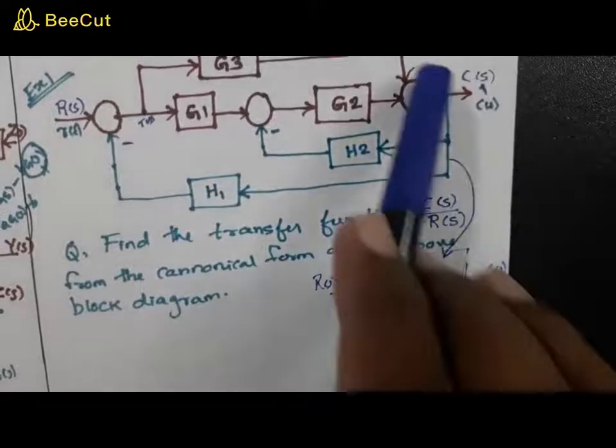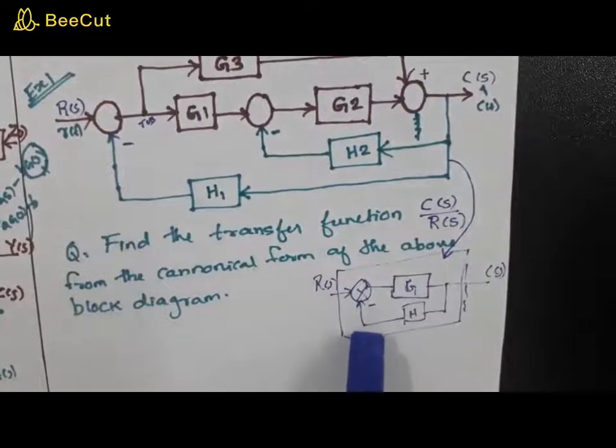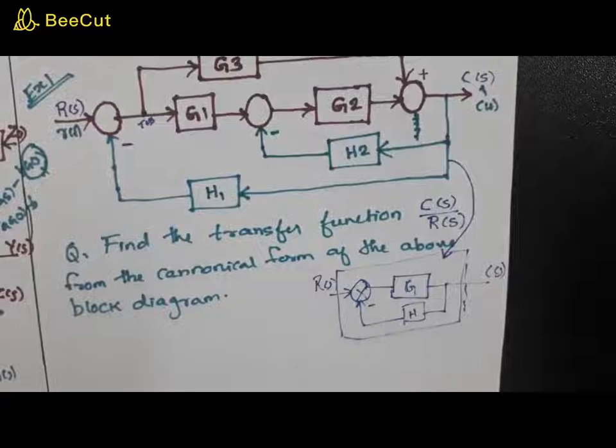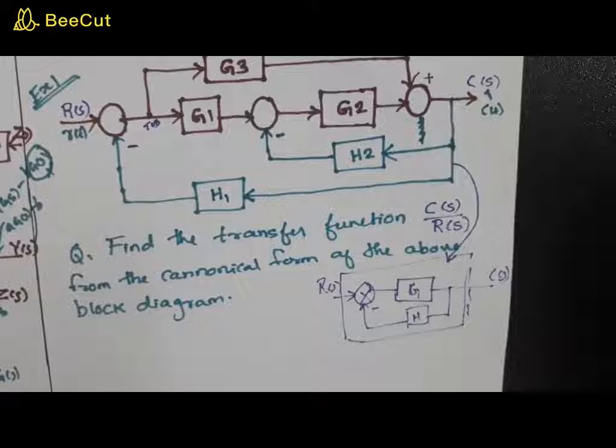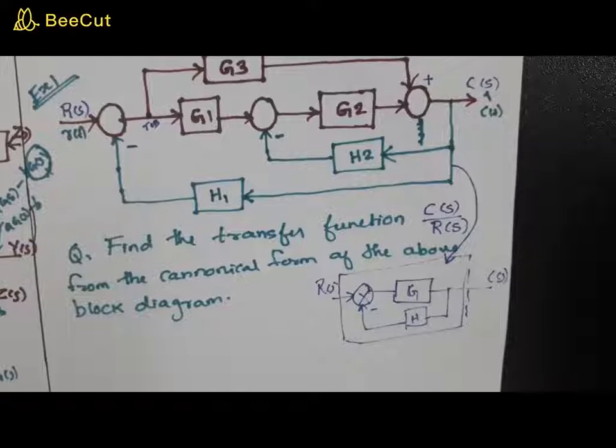Keeping in mind that this block diagram should reduce to this canonical form. So it's very important that you practice a lot. Then only will you be able to understand what must be done so as to convert it into canonical form.